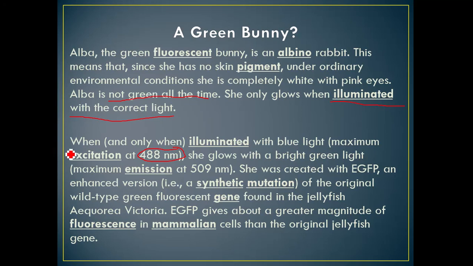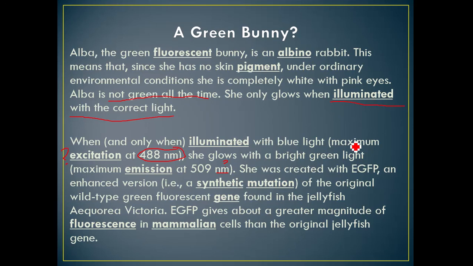Now in my notes, I would put a little question mark there because I don't know what that means. Same thing here. What? I'm guessing by context that it has something to do with the amount of light that's emitted. I don't know what maximum excitation means in that context.